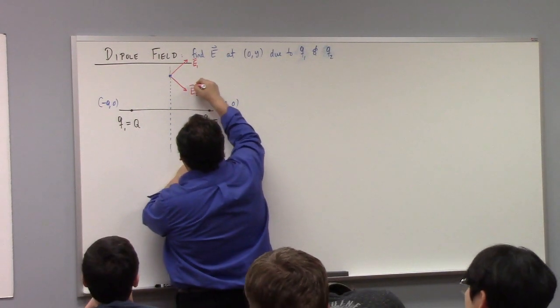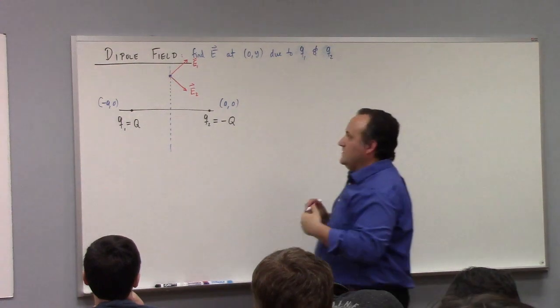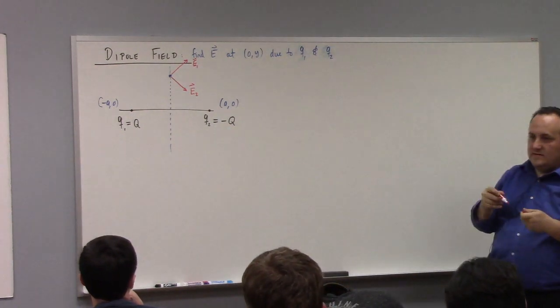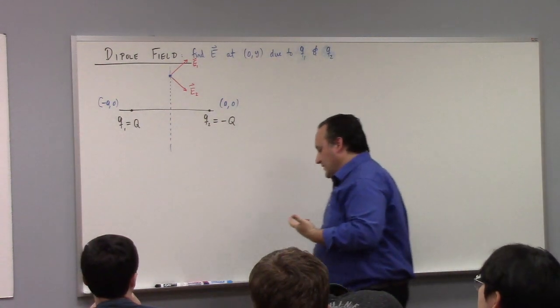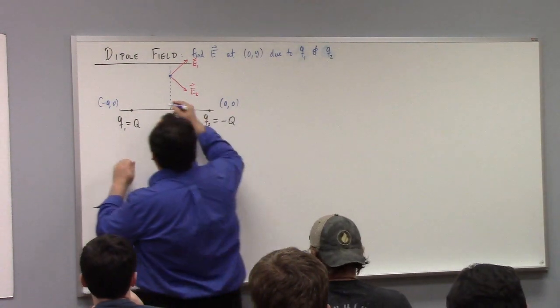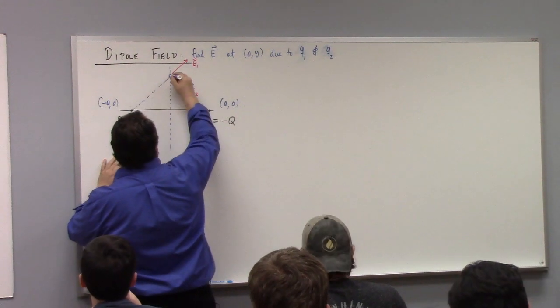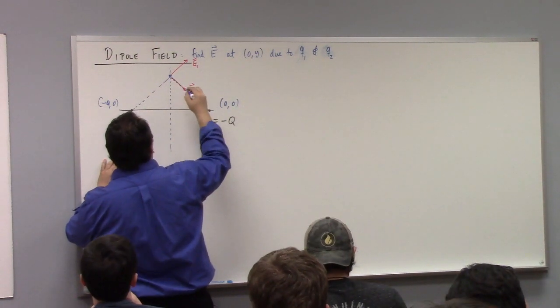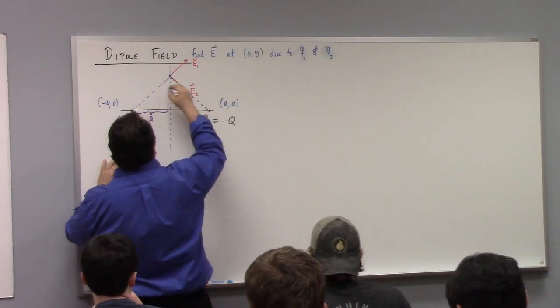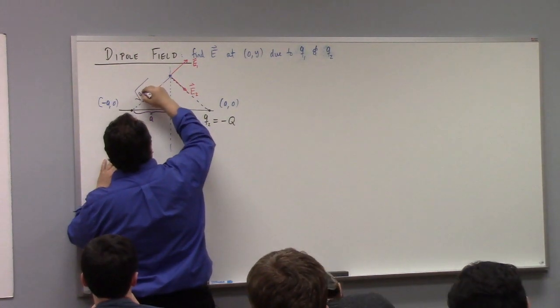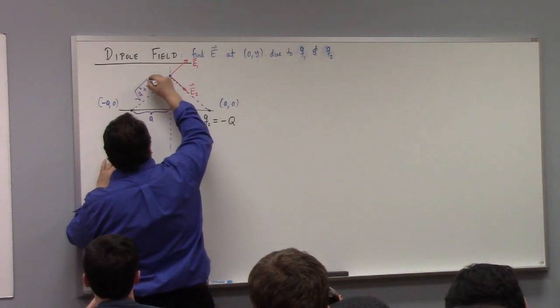And notice that the distance between the source point and the field point is the same for both, right? Like this distance here and this distance there, they're both what? Square root of a squared plus y squared for both of them, right?